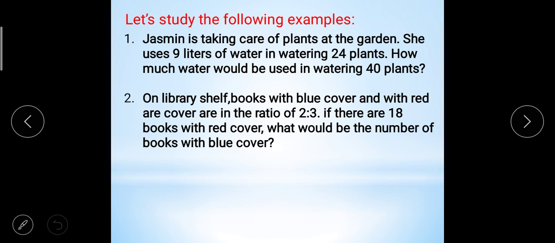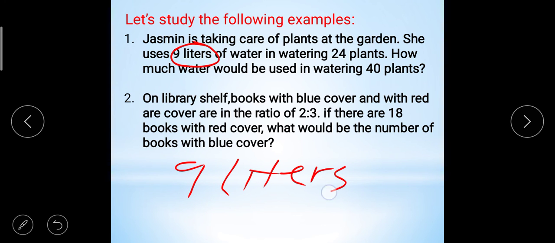Okay. Kapag ganito po, kailangan nyo munang gawan siya ng equation. So, sabi, 9 liters yung gagamitin. 9 liters is to ilang plants? 24 plants.